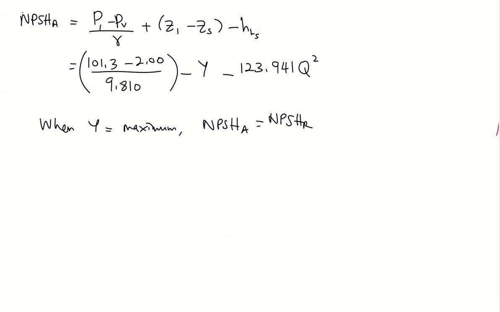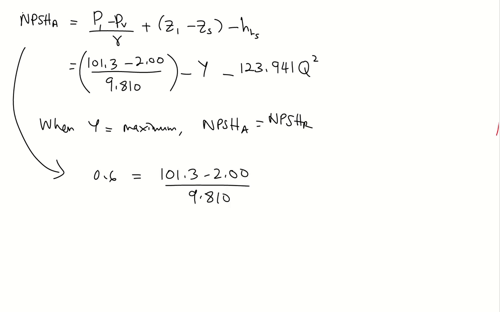So, 0.6, we go back to this equation. 0.6 equals 101.3 minus 2 divided by 9.810 minus y minus 123.941 Q squared. I rearrange this. If you want y, you rearrange so that you get y equals, and then the NPSHA we put to the right side.